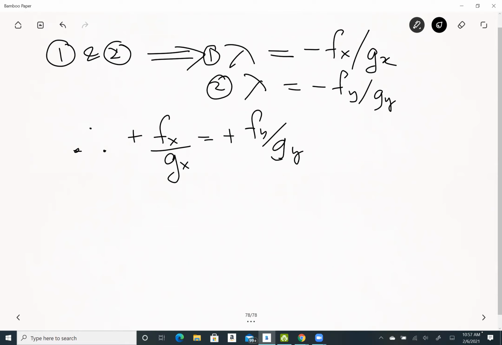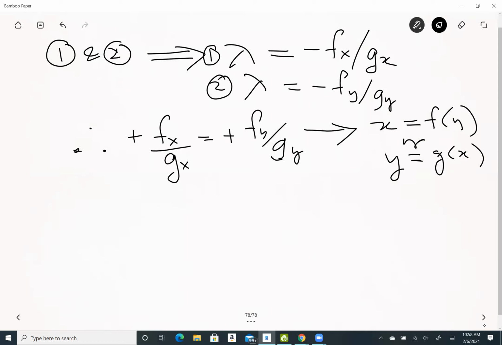So what we do here, you will write x in terms of y, x as a function of y. Or you can write y in terms of x, doesn't matter. And then once you got x in terms of y or y in terms of x, we substitute into number 3.